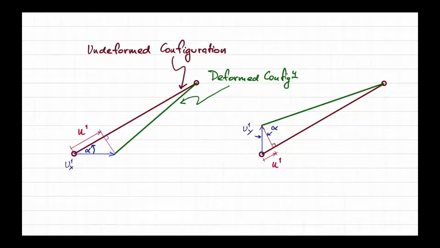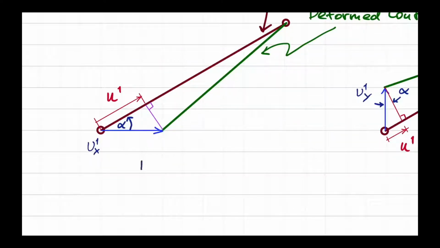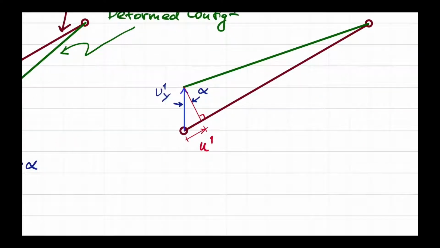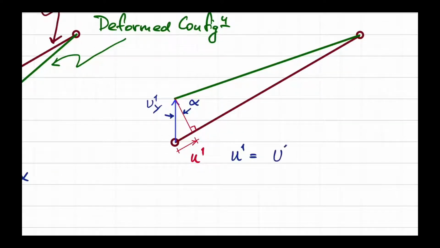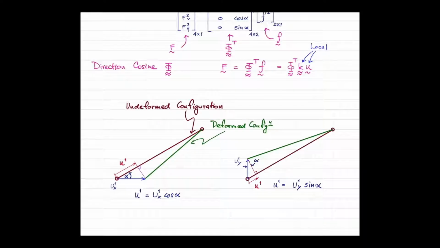Okay, so let's write things down. We want to find u1. u1 is calculated from u1 subscript x times cosine alpha, whereas this u1, which is a result from the displacement u1y, is equal to this relationship.